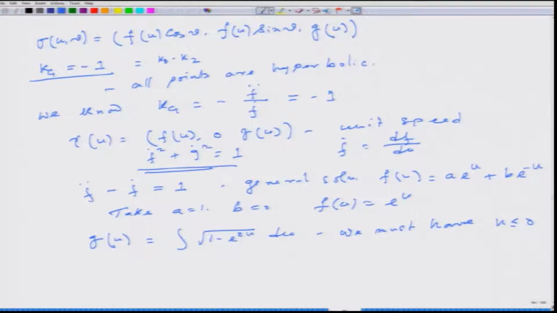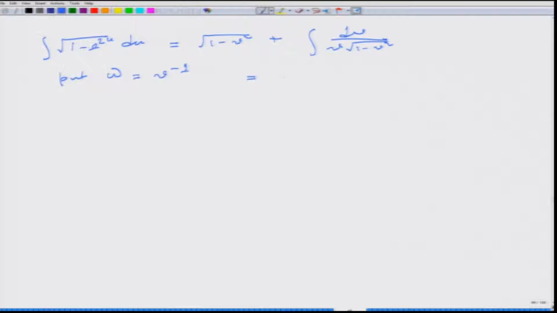Let us try to evaluate this integral. If you evaluate, it comes out to be root over 1 minus v square plus something, and then if you put w equal to v inverse, it will come out to be root over 1 minus e^(2u) minus cosh inverse of e^(-u).